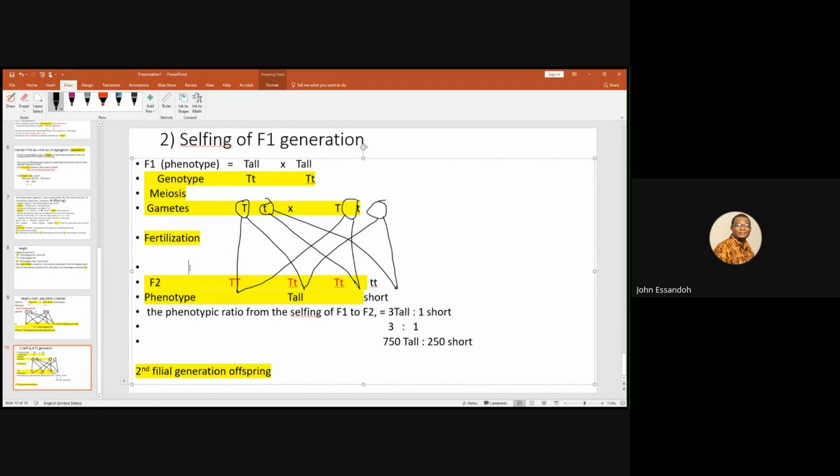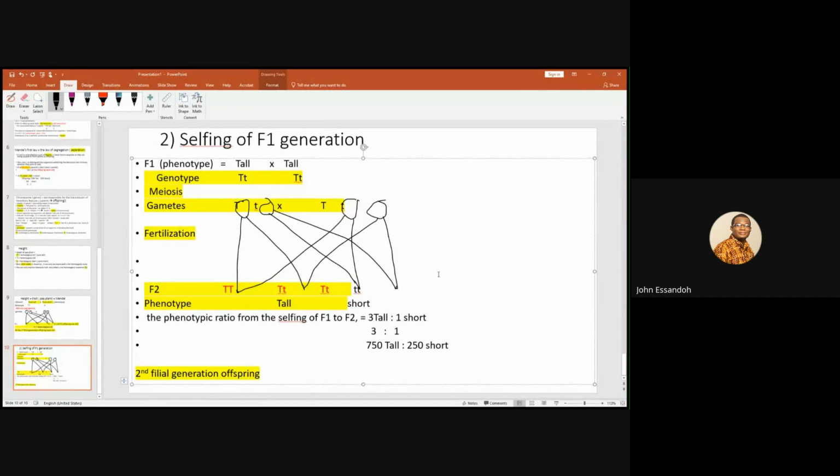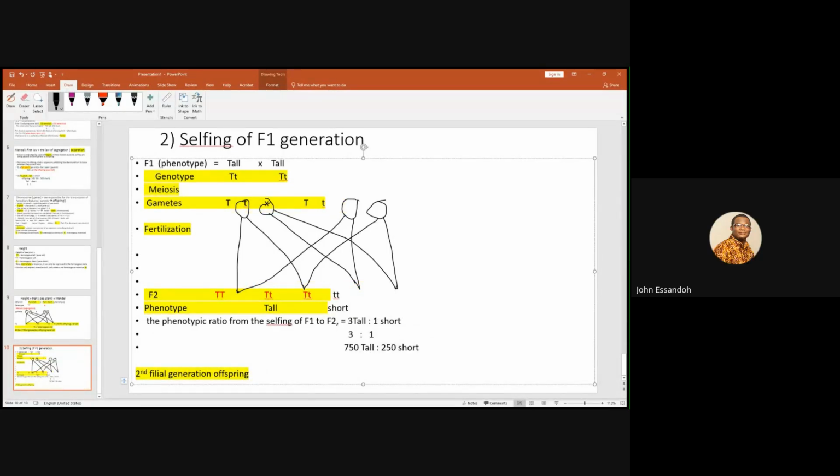No confusion. Beautiful, it's very clear. So that is what Mendel saw from the selfing of F1.